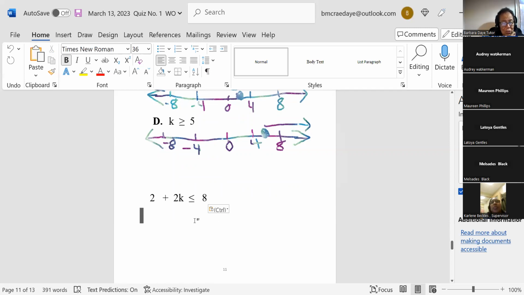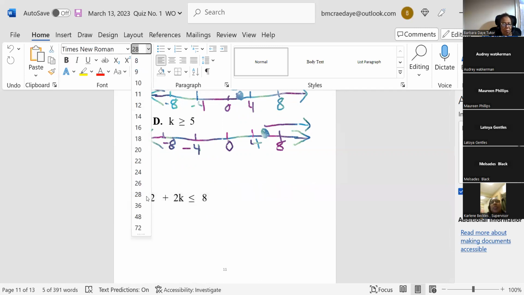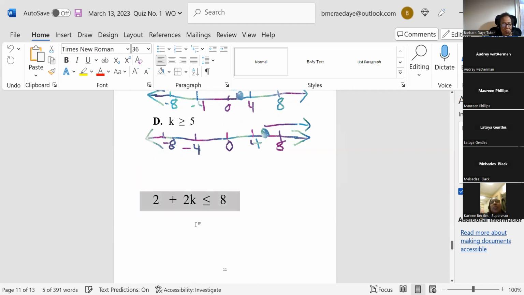So what do you do first, Audrey? 2 plus 2k less than or equal to 8. What do you do first? You subtract the 2 from both sides.